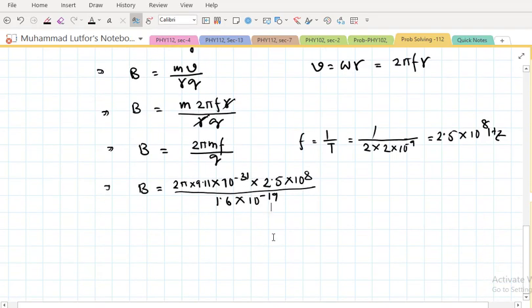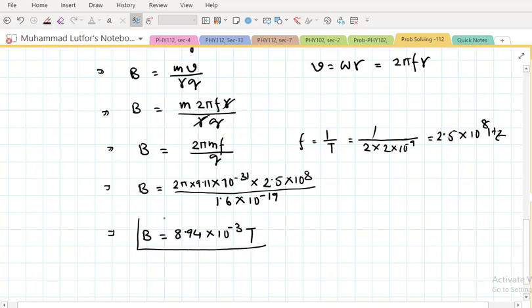If you do that, then you will find out that the strength of this magnetic field would be 8.94 into 10 to the power minus 3 Tesla, or you can say 8.94 millitesla. So this is actually the strength of this magnetic field.